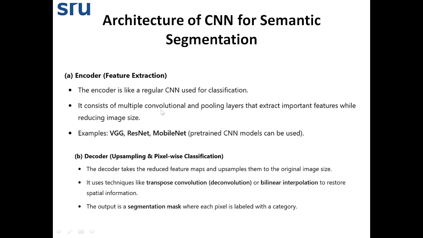It consists of multiple convolutional and pooling layers which extract important features while reducing image size. Examples are VGG, ResNet, MobileNet. MobileNet is called a pre-trained CNN model.